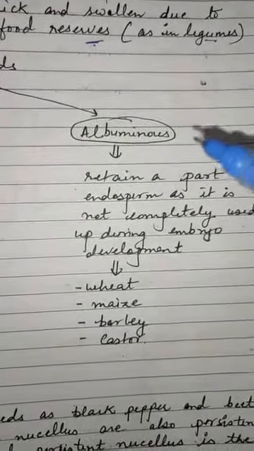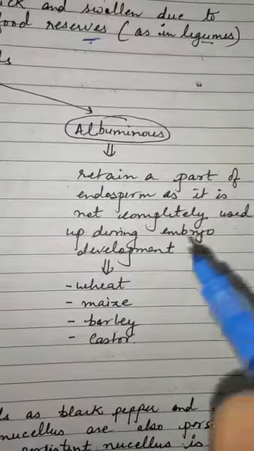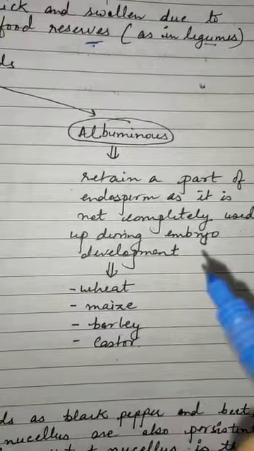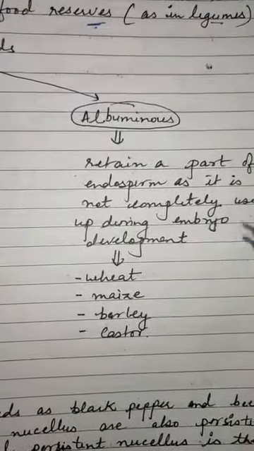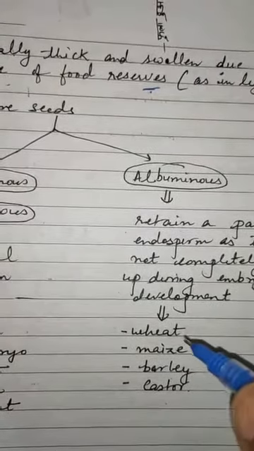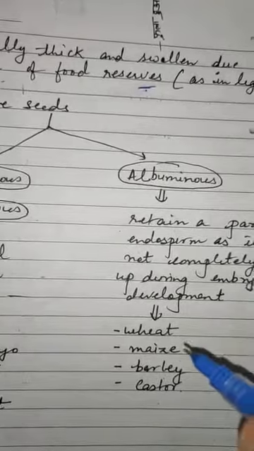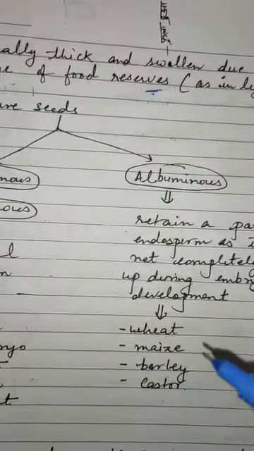Here in the case of albuminous seeds, they retain a part of the endosperm as it is not completely used up during embryo development. The whole endosperm will not be consumed. Clear? So the examples in the case of albuminous seeds are wheat, maize, barley and castor.